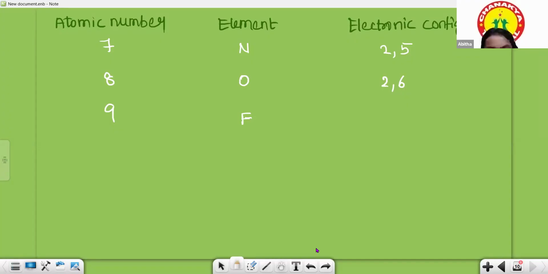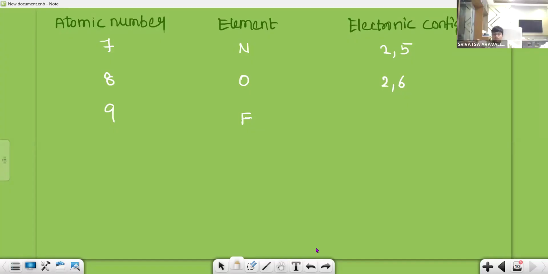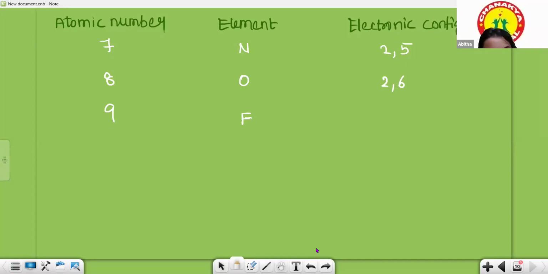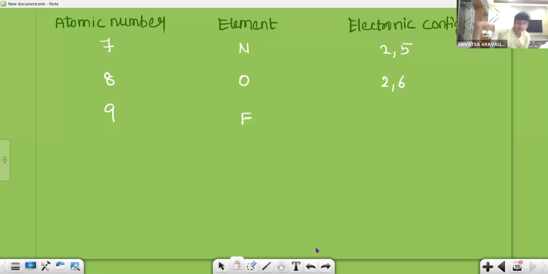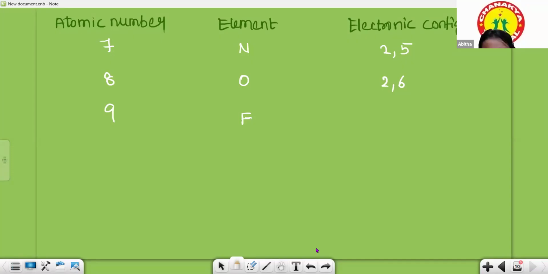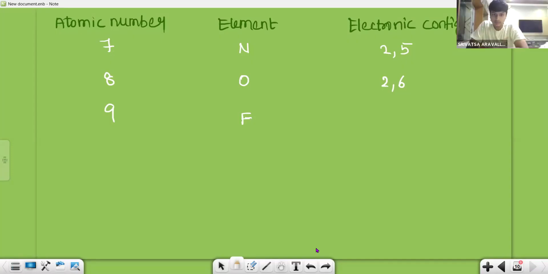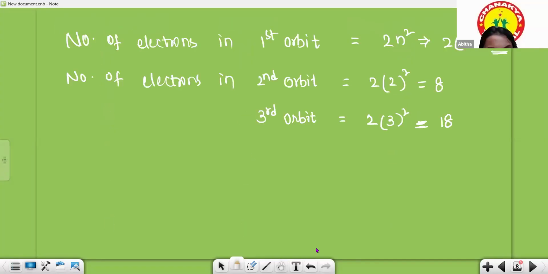How are you going to fill 9 electrons in the energy levels, that is, in the orbits? In the first orbit, among 9, how many electrons can you fill? Please answer my question, how many electrons can you fill in the first orbit, Srivatsa?